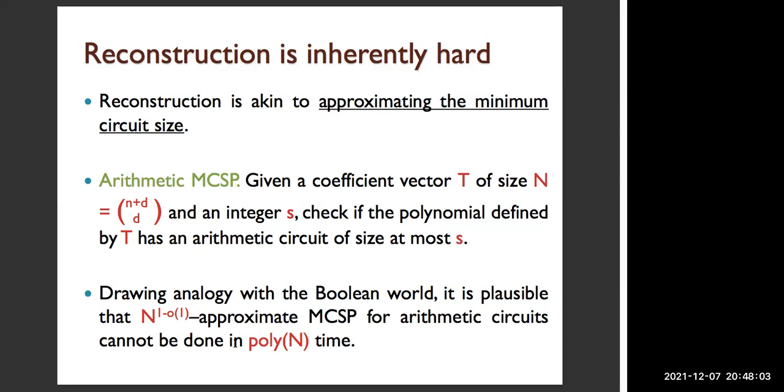that a similar thing, like an N to the 1 minus o(1) approximate MCSP for arithmetic circuits, cannot be done in polynomial time under certain widely believed assumptions like one-way functions. I don't have a clear idea yet as to what kind of assumption sounds good in this context. As I said, no one knows whether this is true or not.